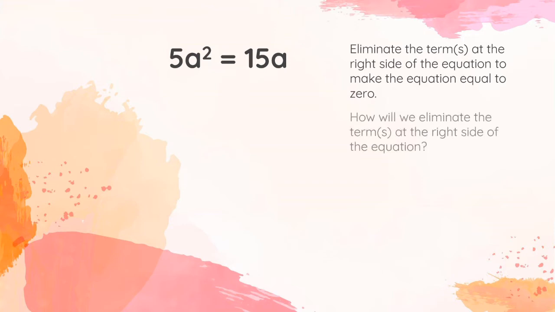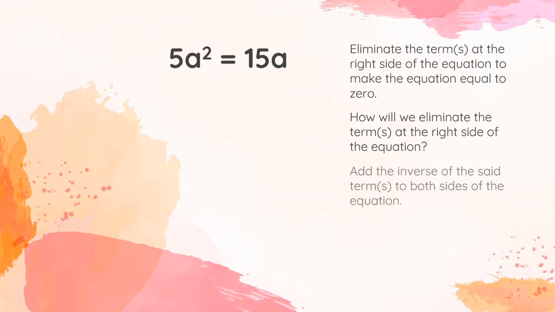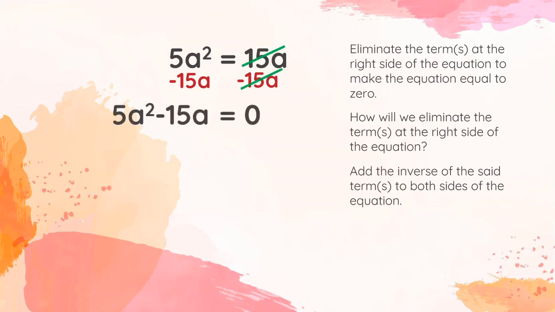Katulad dito sa example natin, ang nasa right side ay 15a. Gusto nating mawala si 15a, kaya mag-a-add tayo sa both sides of the equation ng negative 15a. Bakit? Pag pinag-plus natin ang 15a at negative 15a, ito ay magiging equal to 0. Kaya ang 5a squared equals 15a kanina, naging 5a squared minus 15a equals 0. Parang nilipat lang si 15a pero nabago yung sign.